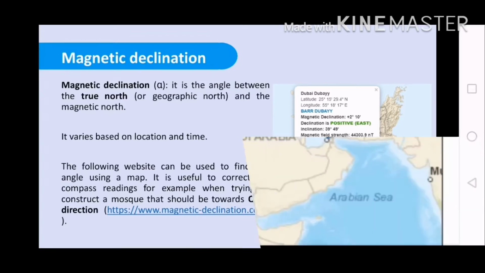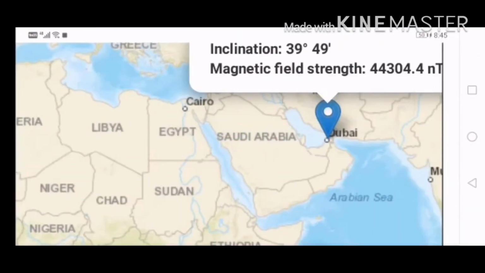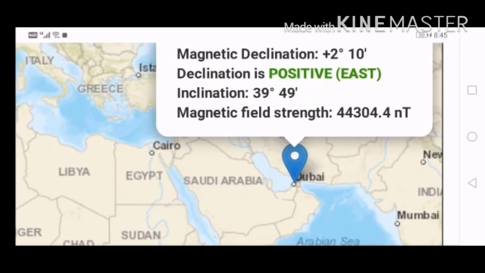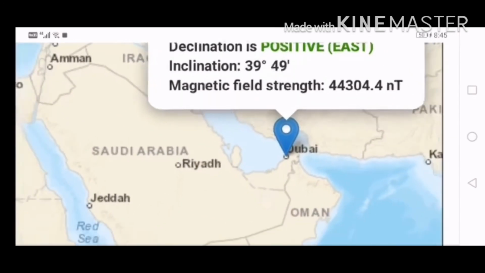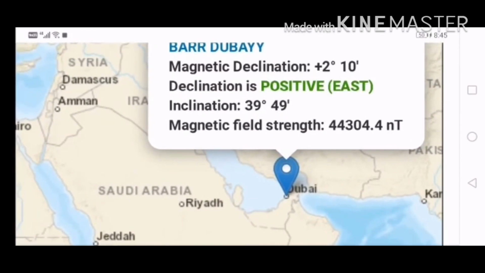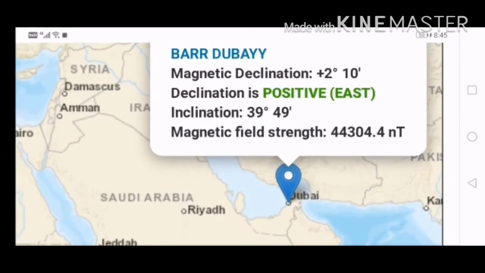Now I'll explain this example. Stay with me. Here's the website; I open it and this is what showed. For example, here we are in Dubai in the United Arab Emirates. The angle of declination, the magnetic declination, is positive 2.